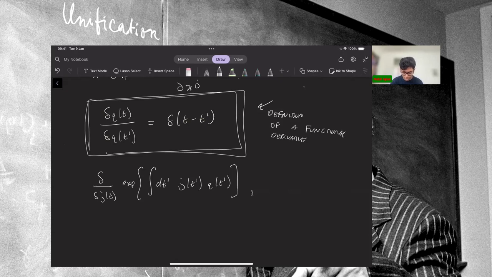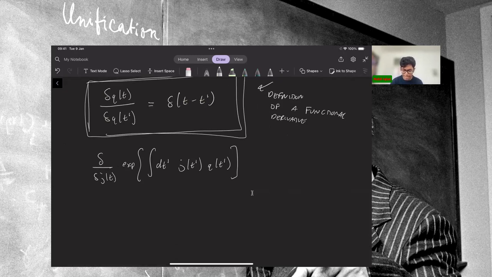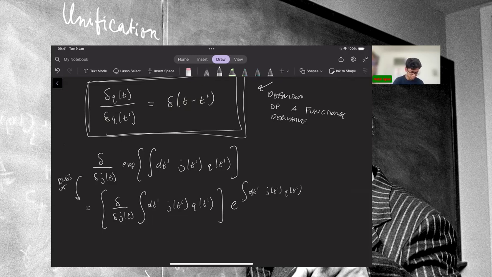First I have an exponential of something, so by the rules of differentiating exponentials, I should just differentiate the thing in the exponent, which is this integral dt prime j of t prime q of t prime, times e to the integral dt prime j of t prime q of t prime. So this step is just by the rules of exponential differentiation.